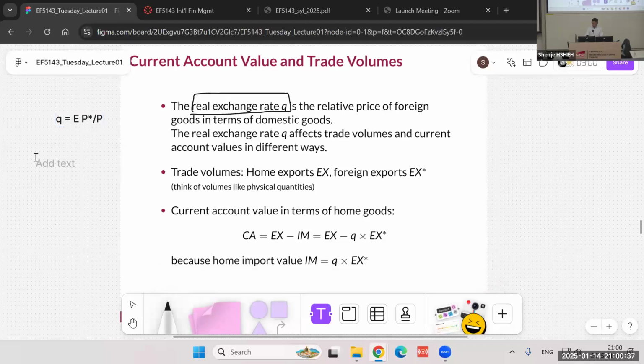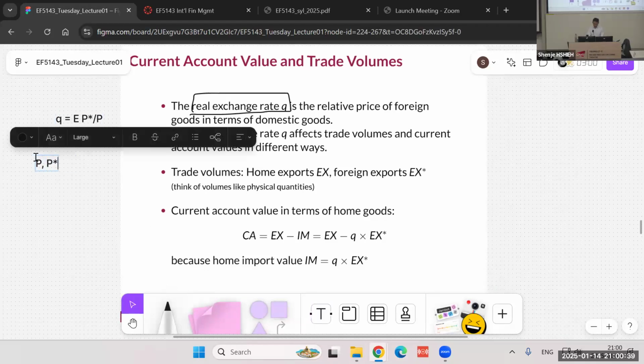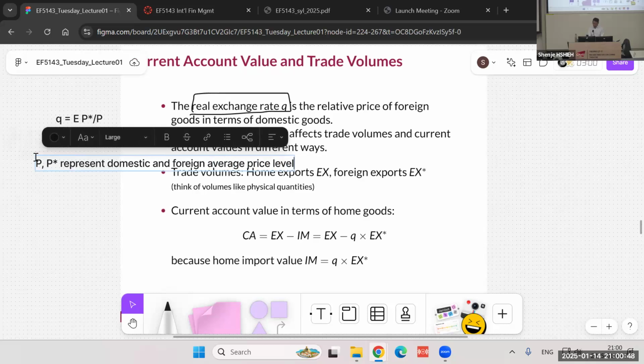Let me write: P star and P represent foreign and domestic average price respectively. In this class, I will always use the asterisk to indicate foreign countries. If there's no asterisk, I'm referring to the domestic country.